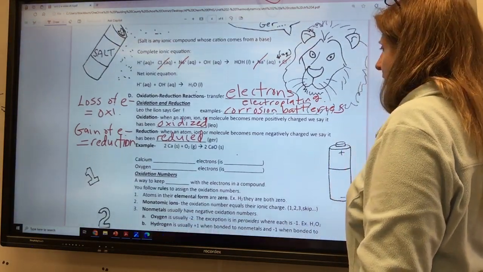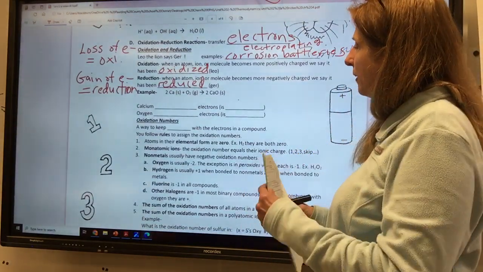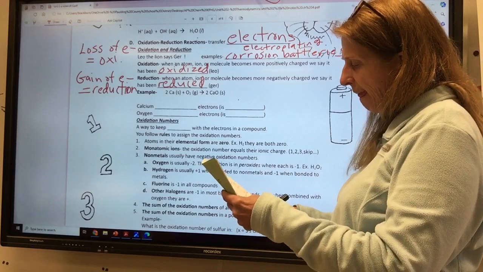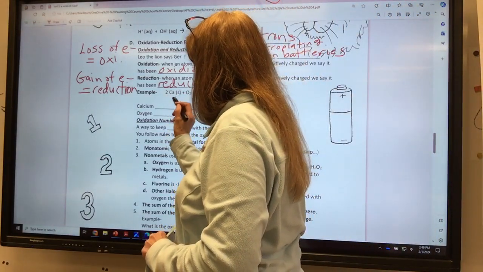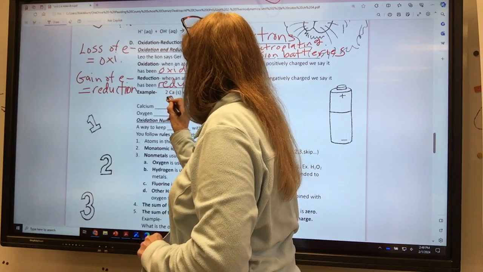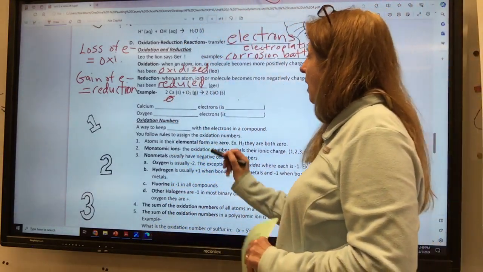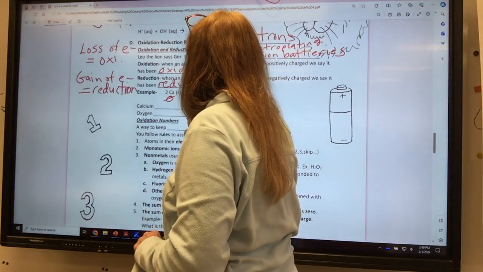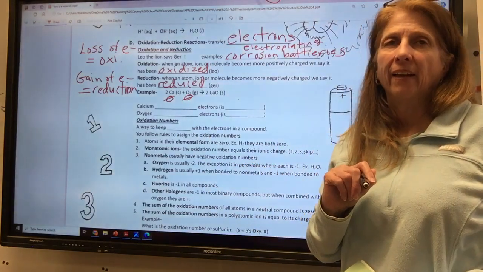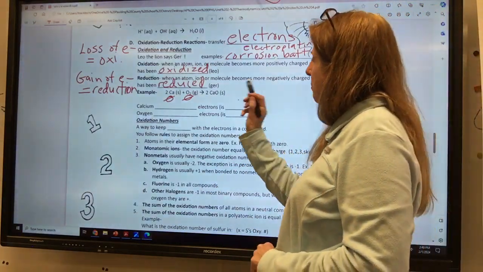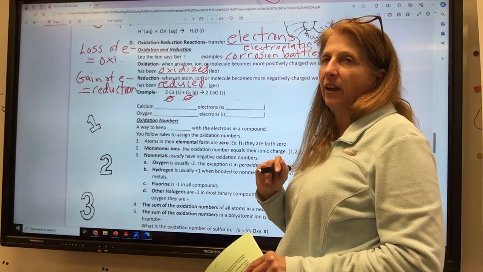Okay, so now, everybody cool so far? Okay, so now let's talk about it. So here I have a reaction, okay? And calcium is just an atom, and it's neutral. I'm going to put a little no symbol through it. It doesn't have a charge. Oxygen is just an atom, and so it's neutral. No charge. But over here, I have an ionic compound, calcium oxide.